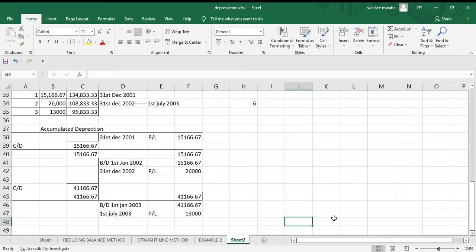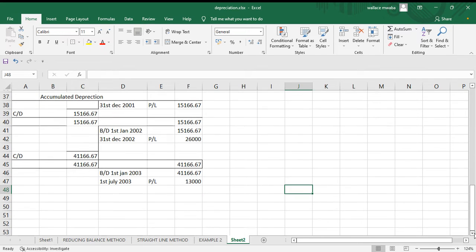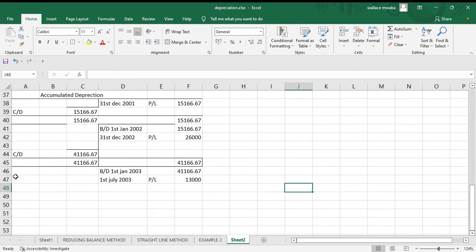Okay, so this amount, remember this is when the machine was sold. So this amount is going to be credited to asset disposal.